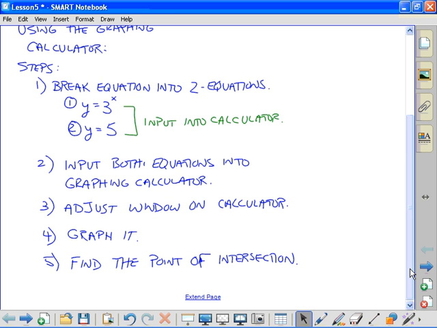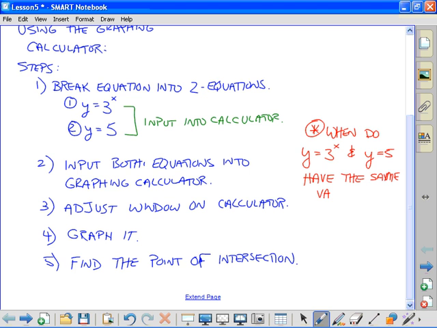So it's like grade 10 when you're finding where 2 lines cross. It's exactly what we're doing here. Okay? Because when do y equals 3 to the x and y equals 5 have the same value, it's where they intersect.